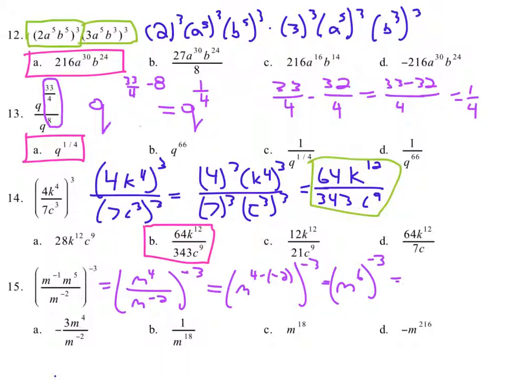And then, of course, power of a power, we multiply, m to the -18, which, since there's a negative there, we move to the bottom and say it's 1 over m to the 18th. That's our answer, and when we look for that, we find it there in B.